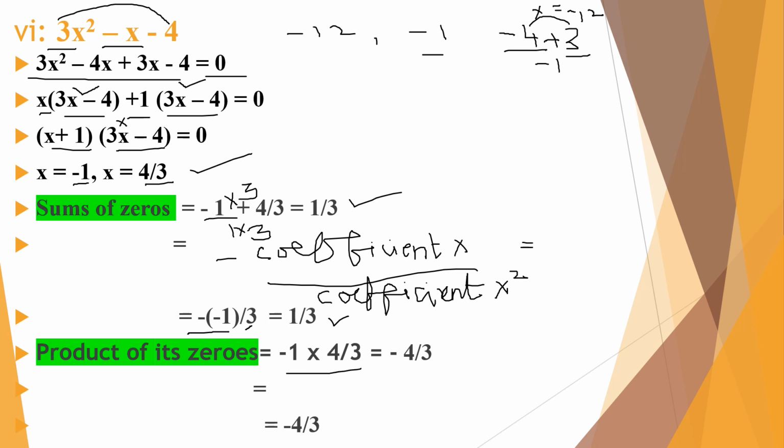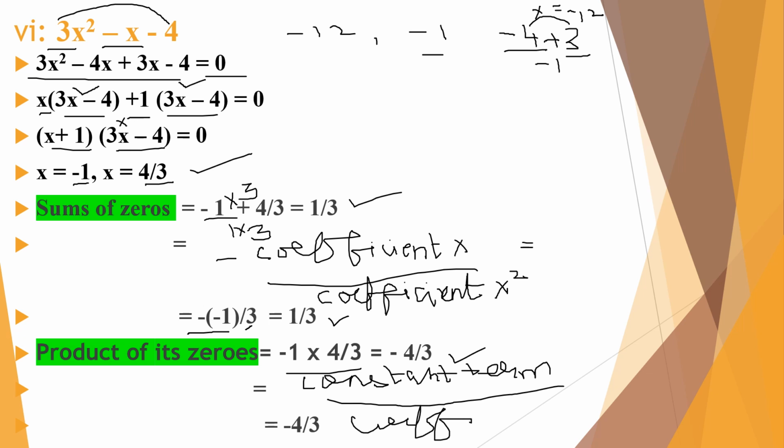Now when we move on to the product of its zeros, which is equal to minus 1 into 4 by 3. What is the zeros of the polynomial? We are multiplying it, which is minus 4 by 3. What is the formula for product of its zeros? Constant term divided by the coefficient of x square, where we are going to substitute and check, where we are going to verify it, in the given question.